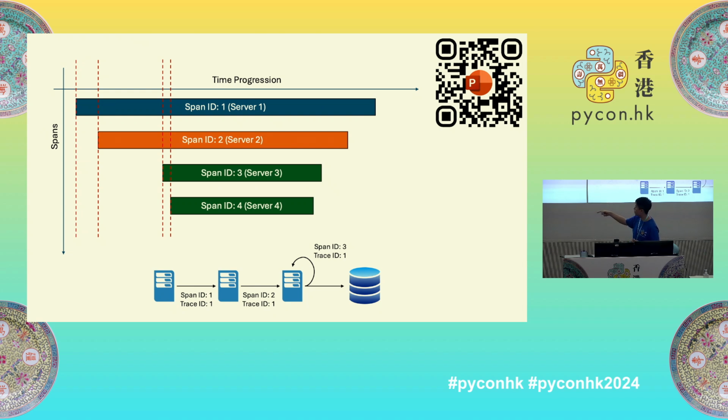So server 3 calls itself, or has some process that relies on itself, and it will propagate its span ID 3 to itself. I think there's a typo here: it should not be server 4 but server 3. Sorry for that, but just think of a single color as meaning a unique server. So span ID 3 and 4 exist in the same server, but they have different span IDs.